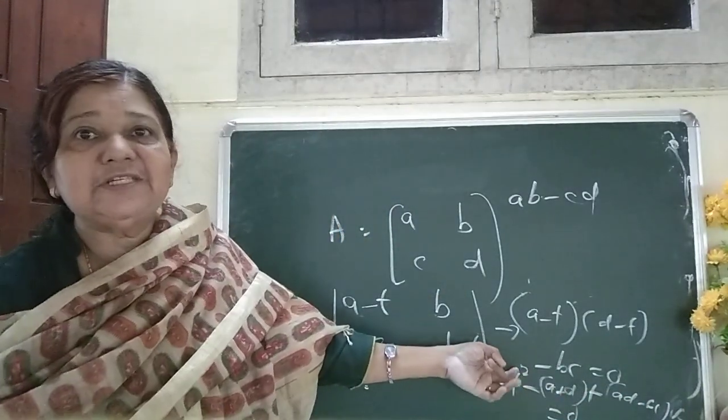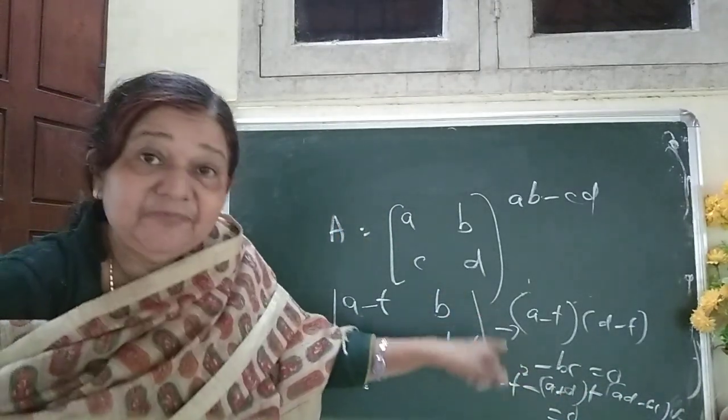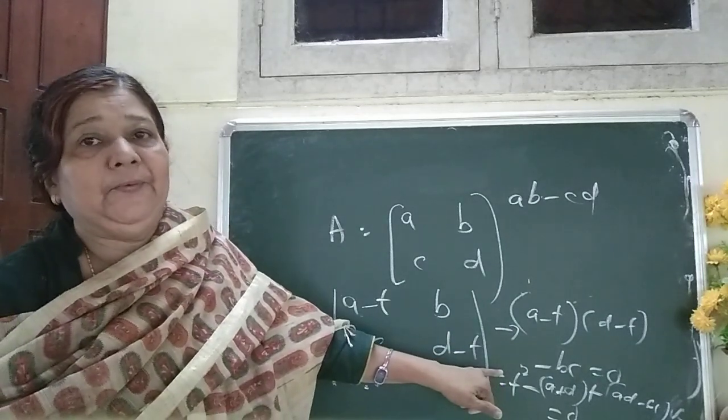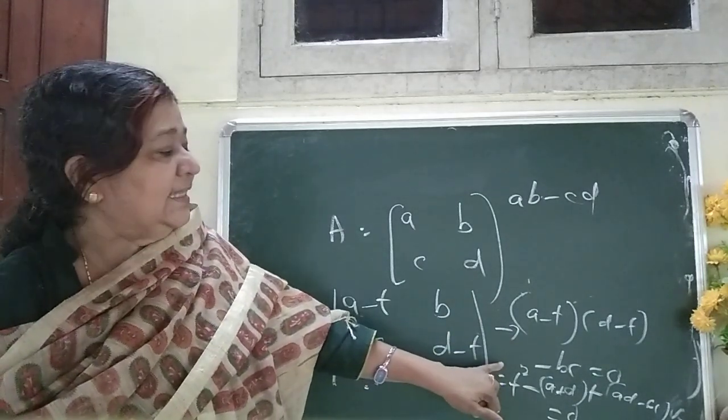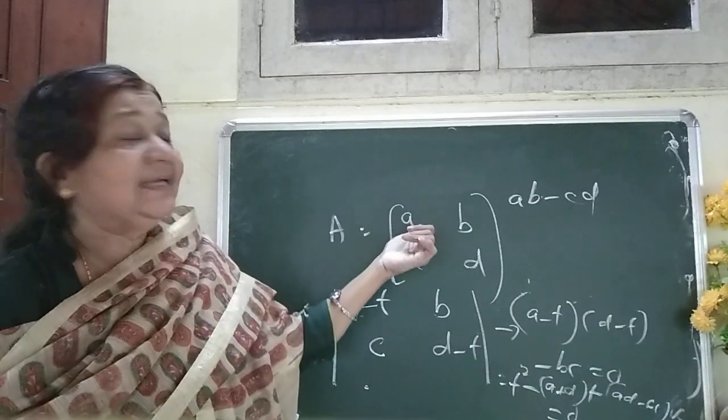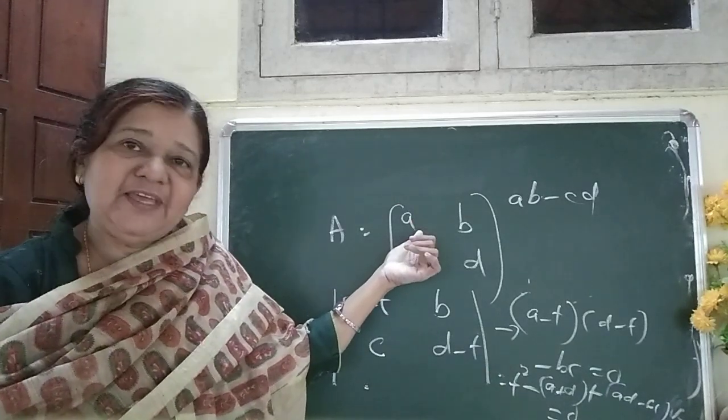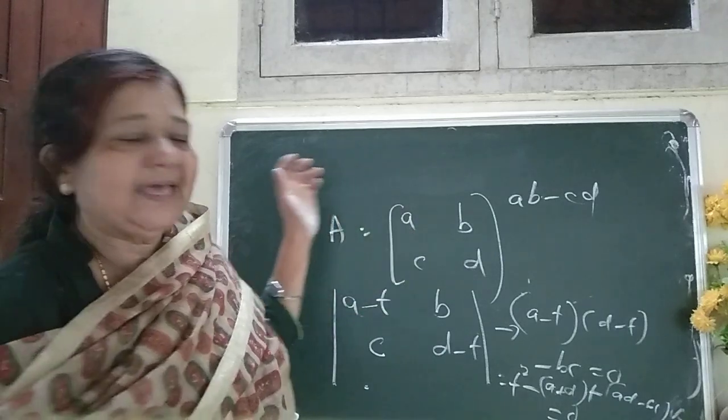It is a second degree equation and gives two values of t. If there exists a real value, we say that it is the characteristic root. So by means of any transformation, we can find the characteristic value.